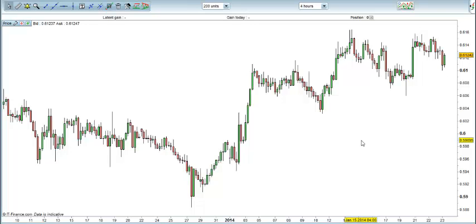If we find a really nice pin bar or a reversal candle on the lower time frames, that also is quite positive for us. So I'm going to focus on this area here. We do have an uptrend, so we know that at some point there's a higher probability that we'll have a continuation of the trend.